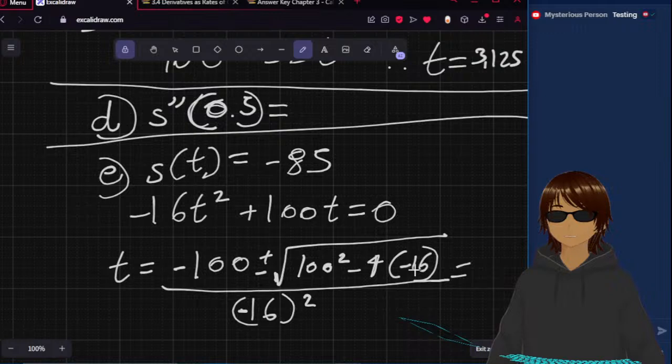Then root. Okay, so I can do plus or minus. Let's do plus. Then divided by 16 squared. I'm getting a very small number. Let's do minus instead.